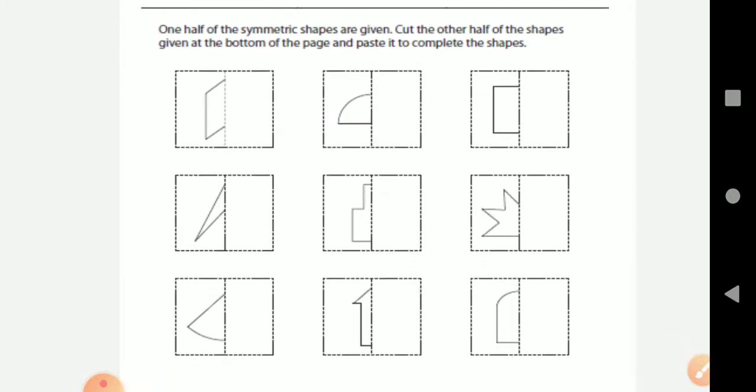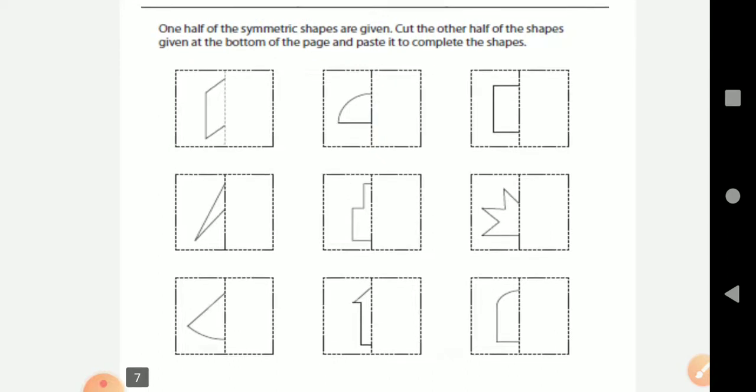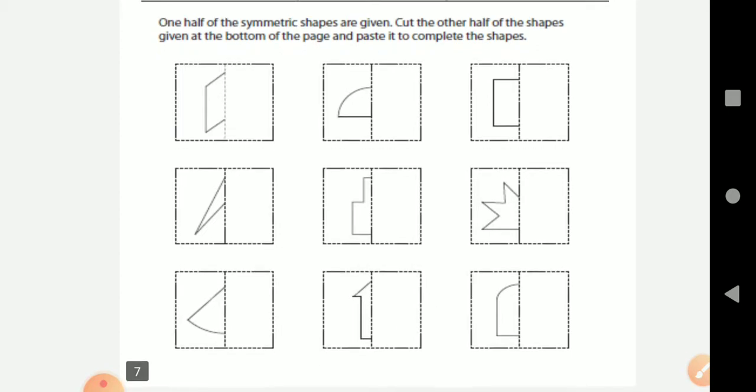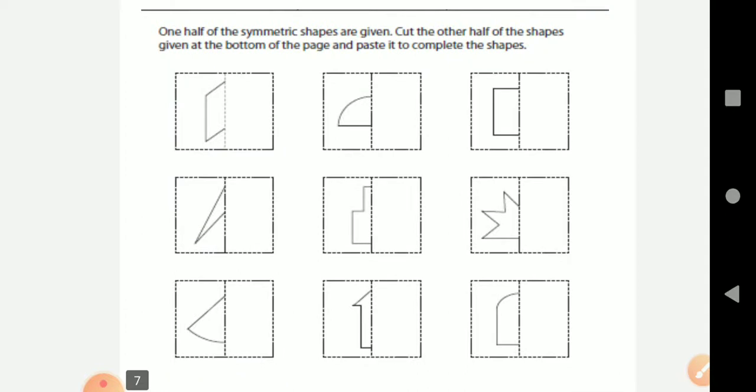In this slide, one half of the symmetrical shape is given. Draw the other half of the same shapes given at the bottom of the page. I have not given any kind of shape here, but you have to just draw the other half of the given shape with the help of a pencil in your notebook. Okay, so here the half part is given.